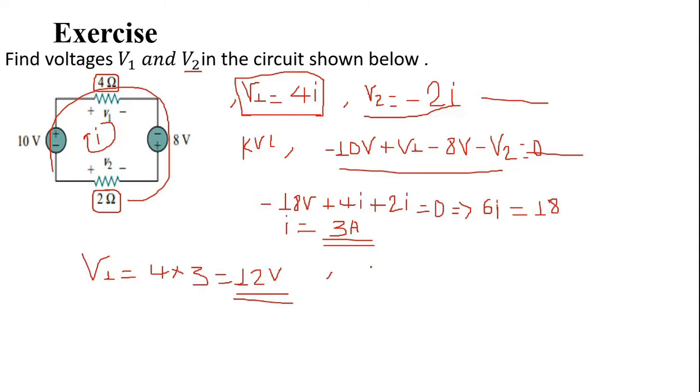And V2 can be calculated as minus 2 times I, that means 3. So this can be calculated as minus 6 volt. Okay, so here it is, a value for voltage V1 and V2.